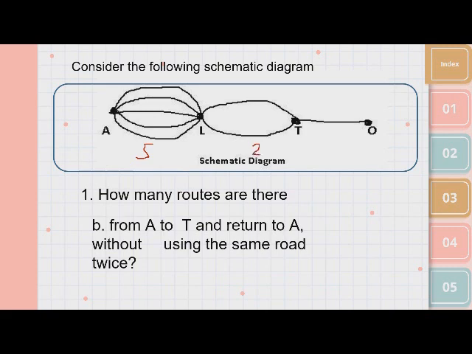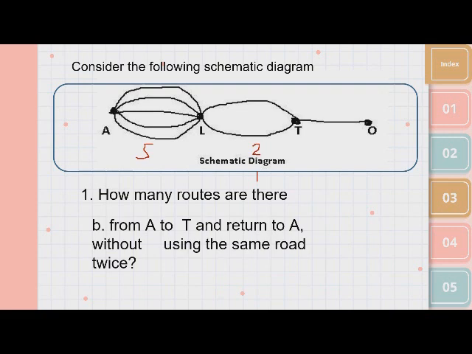But since we cannot use the same road twice in returning, instead of 2 routes, we only have 1 route to be used if we return. So L going to T, we have 2 routes, but T going to L, we have 1 route. Why? Because we cannot use the other route which we had used before.